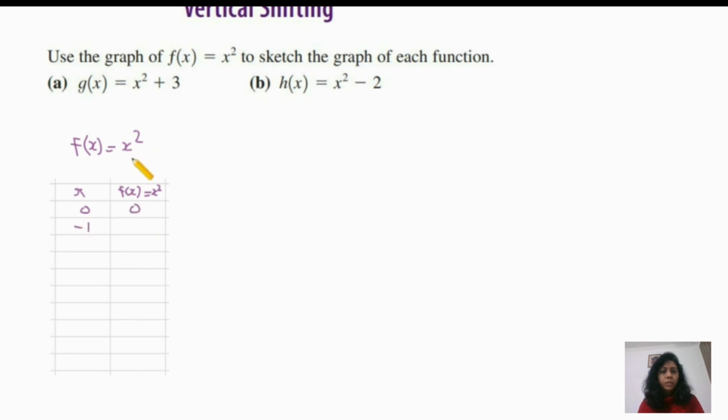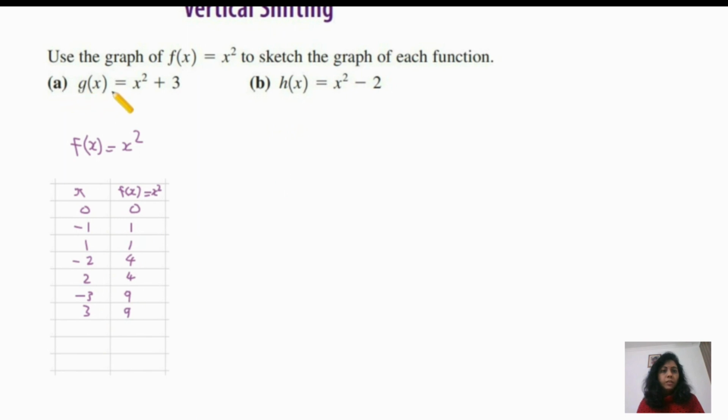When we put minus 1 or 1, we get 1 because minus 1 square or 1 square is 1. When we put minus 2 or plus 2, we get 4. When we put minus 3 or plus 3, we get 9, and so on. You can choose at least 4 to 5 numbers. Okay.